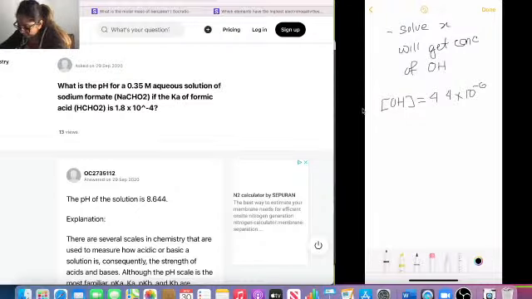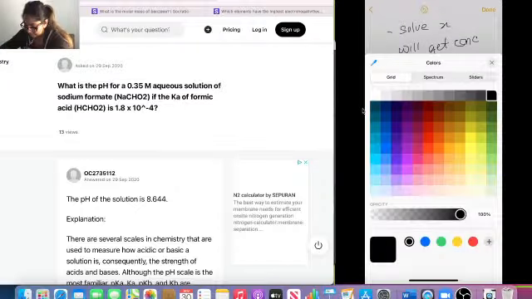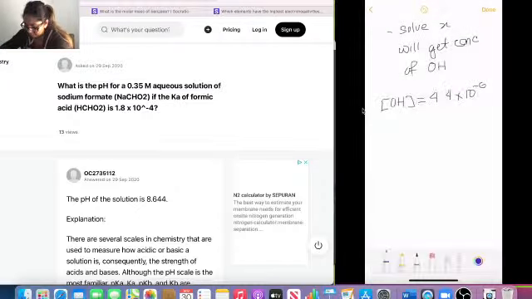Okay, and so now finally your pH can be calculated, or your pOH in this case, because we're dealing with bases. So we can say here that pOH is equal to your negative log of the concentration of OH. So this is a negative log of 4.4 times 10 to the power negative 6.